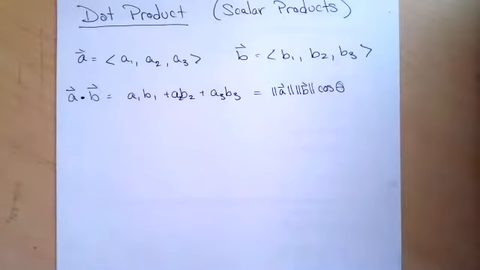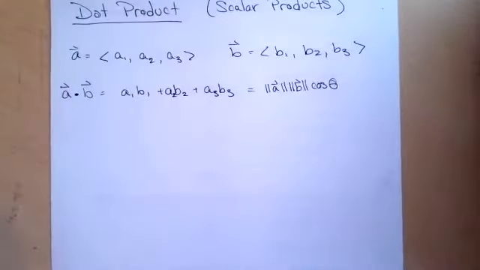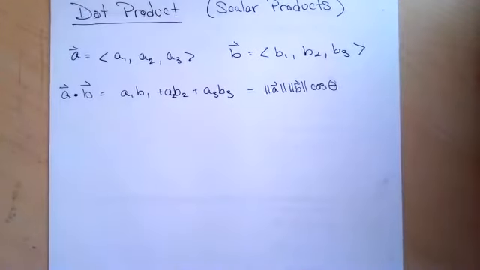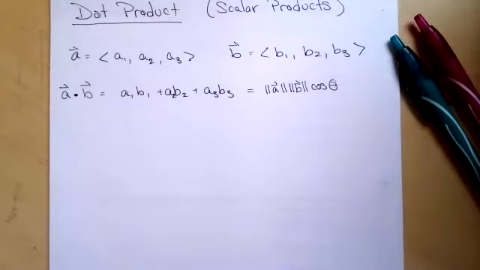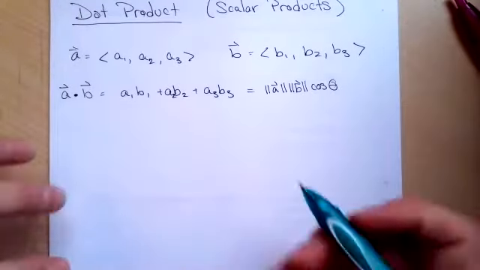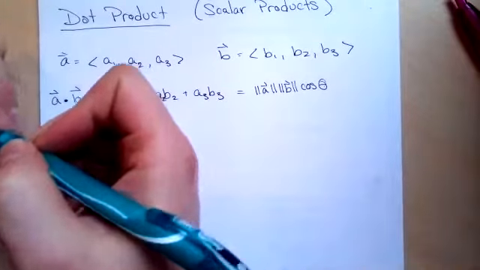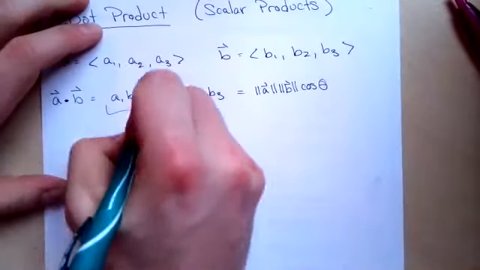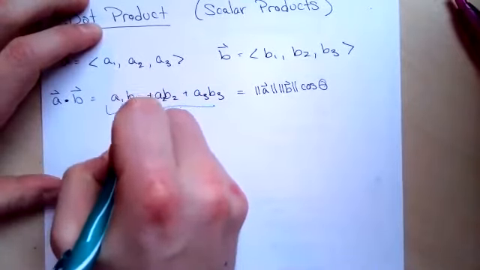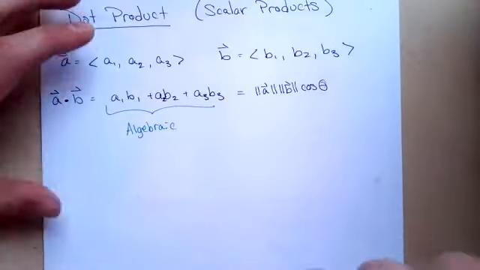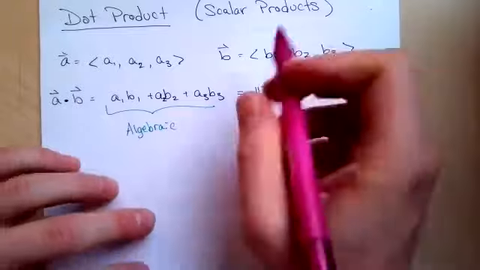Same thing in two-dimensional space, 2D, we just get rid of that one component. And then this is more of a geometric definition. So the one on the left is our algebraic definition, and the one on the right is our geometric definition.